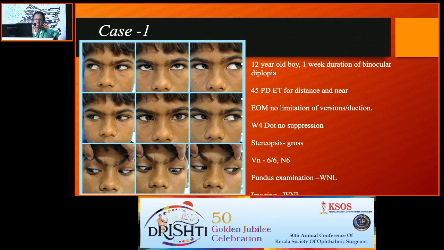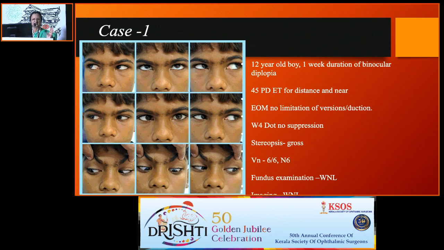I am sharing 5 cases from our experience. This is one case, a 12-year-old boy, who presented with 1 week duration of binocular diplopia. He had a large angle, extraocular movements were normal, stereopsis was gross, vision was normal, imaging was normal, and fundus examination also was normal.